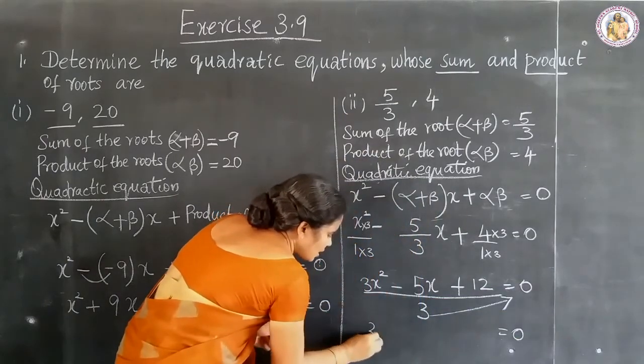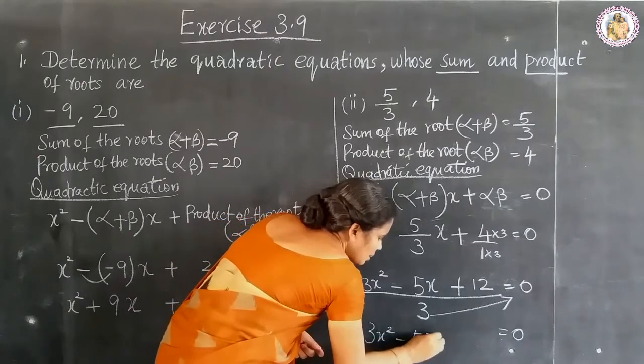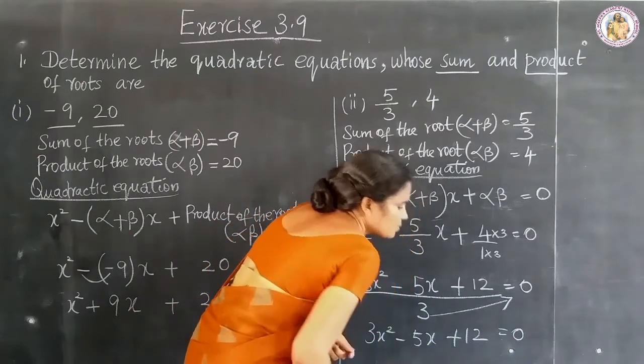So the equation is 3x square minus 5x plus 12 is equal to 0.